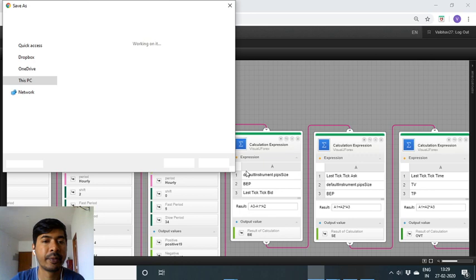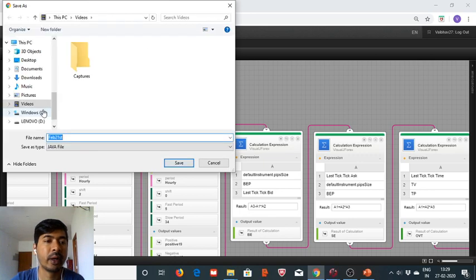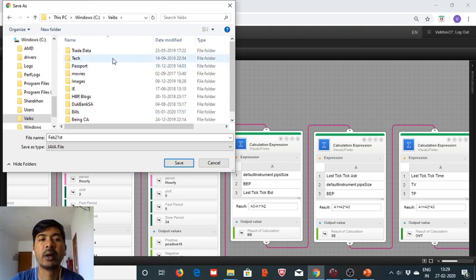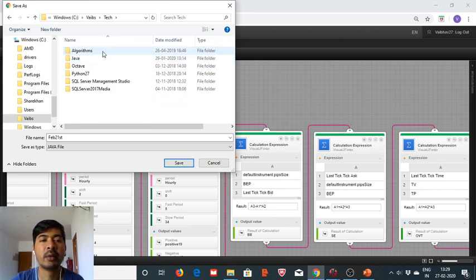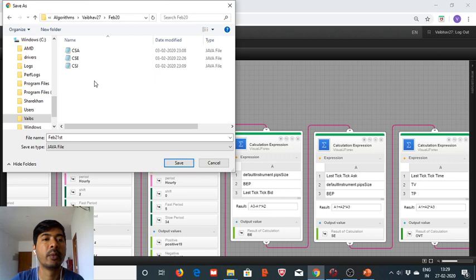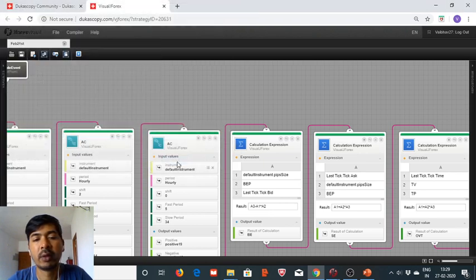Okay. And we have to save it first, and we will keep it in the same folder of algorithms, where I have algorithms developed during different months. So here let's save it as Feb 21st. It is saved.